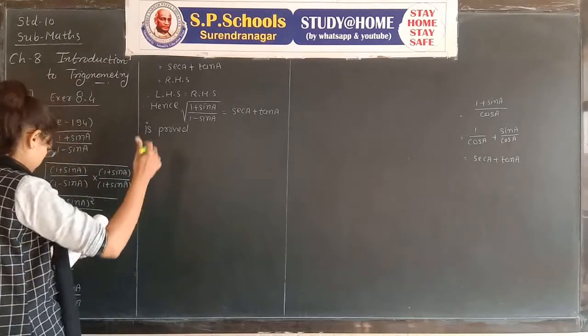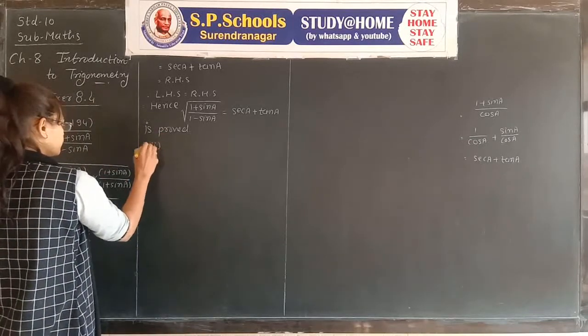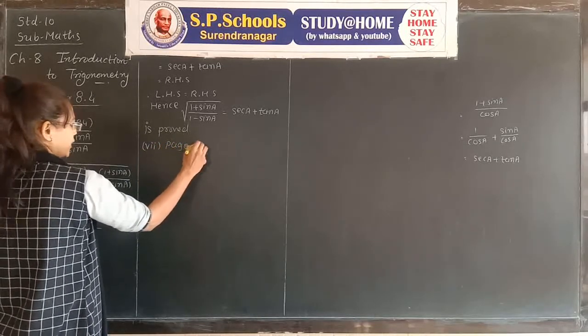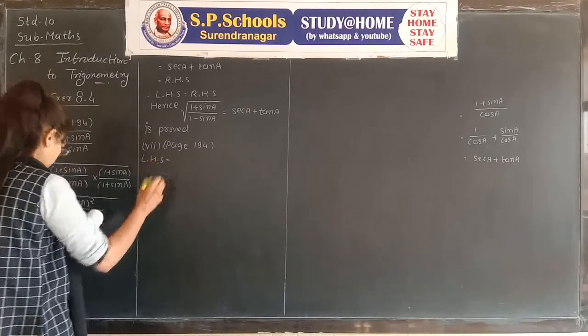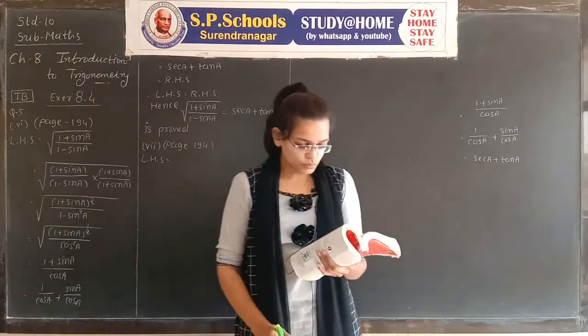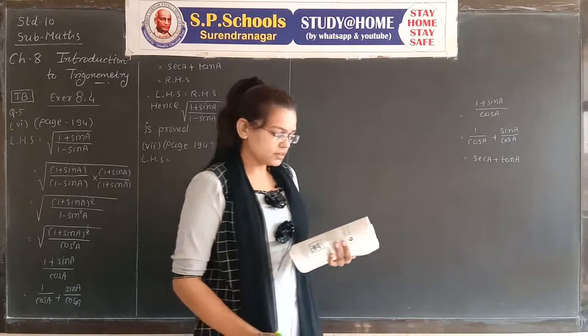Now the 7th number, on the same page 194. See the left hand side. Sin theta minus 2 sin cube theta upon 2 cos cube theta minus cos theta is equal to tan theta.